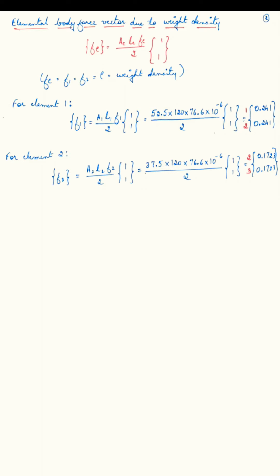So 37.5 into 120 into 76.6 into 10 to the power of minus 6 divided by 2 gives a value of 0.1723. Multiplying this into the vector 1 1, I obtain a vector of 0.1723 and 0.1723. I denote the nodal positions with respect to the global, so that I can easily add: at second node it is 0.1723, at third node it is 0.1723.